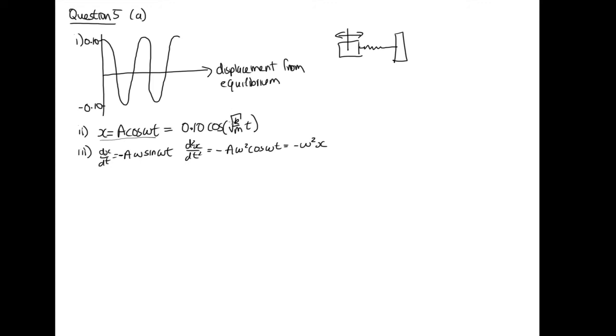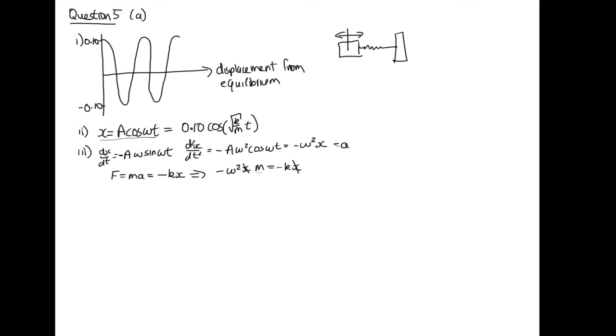Okay, now we're trying to derive the omega. So we know that F is equal to ma, which is equal to minus kx, because the only force acting on the spring is the Hooke's law force given by minus kx. And we've now got an expression for the acceleration here that we can substitute in. So this tells us that minus omega squared x times, that's for a, times m is equal to minus kx.